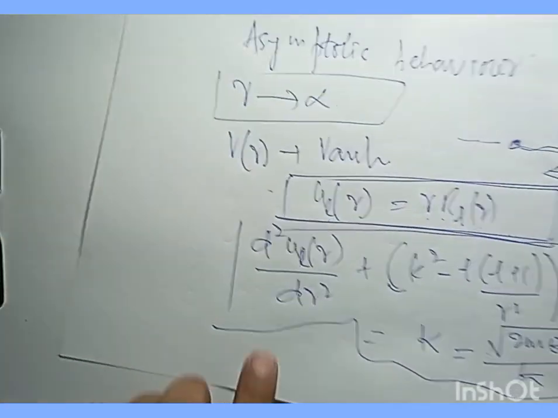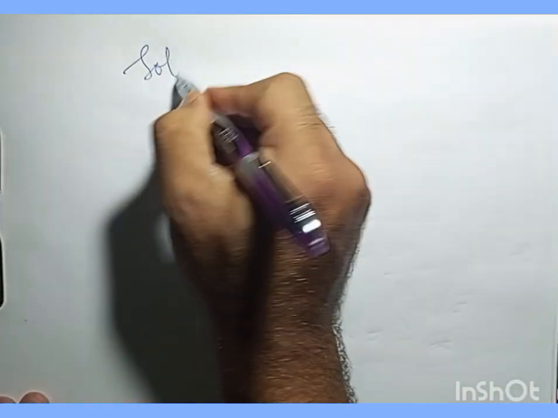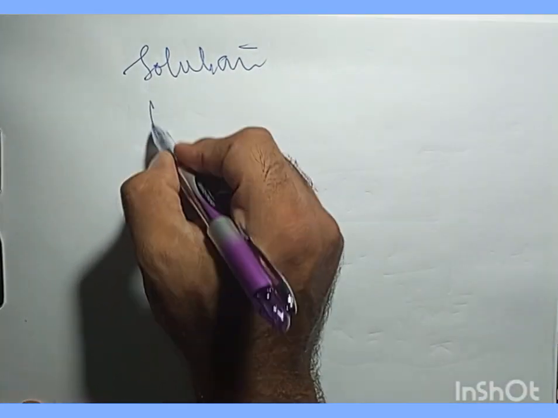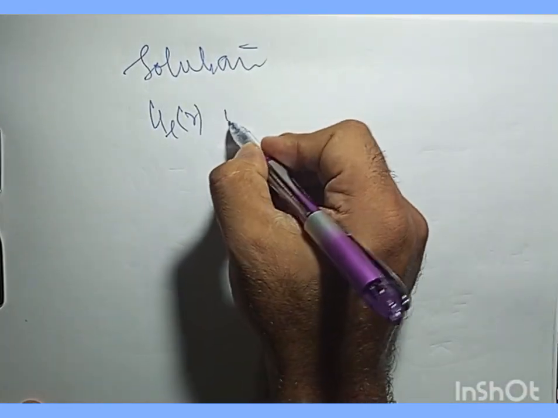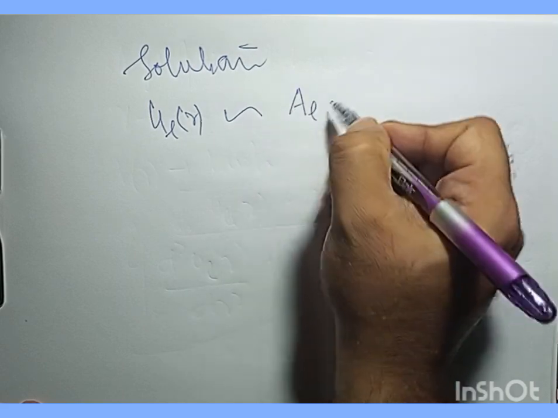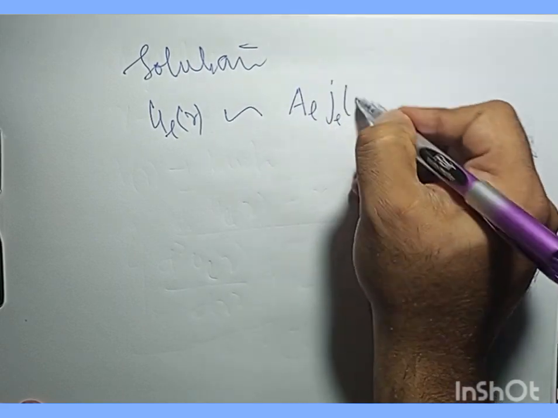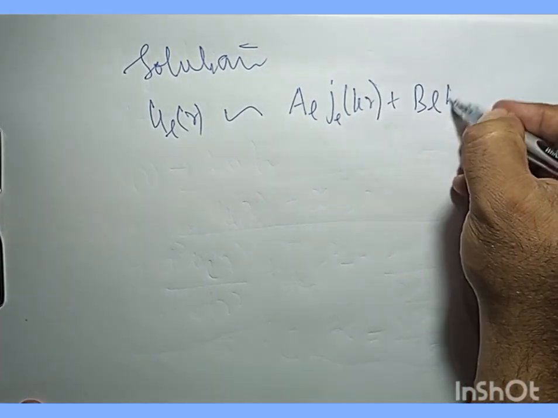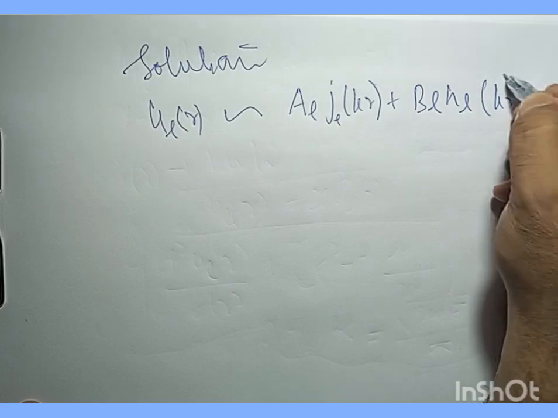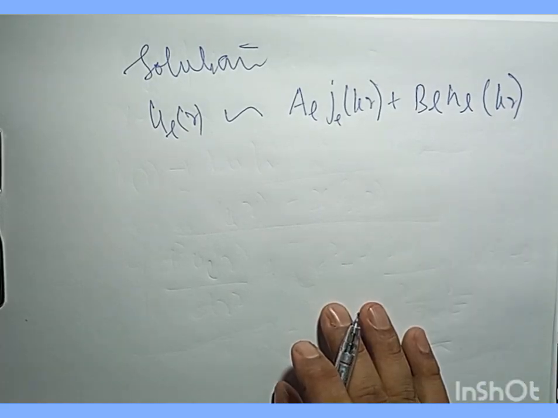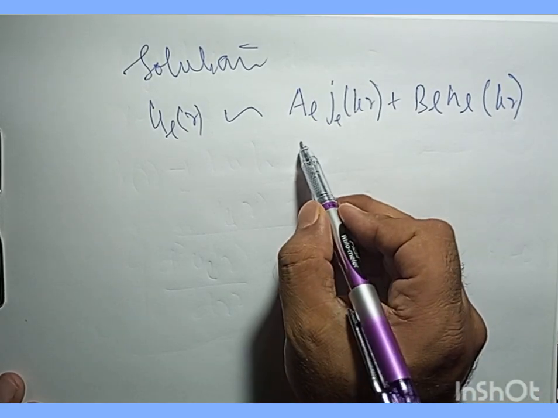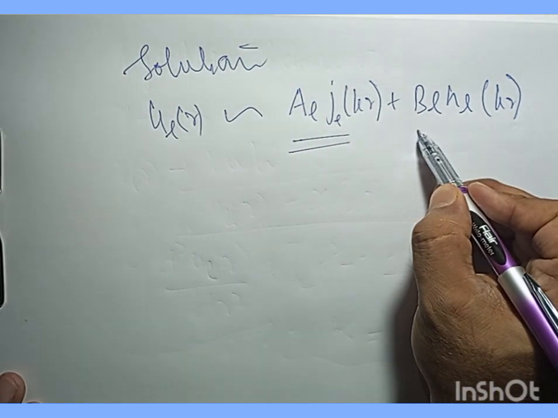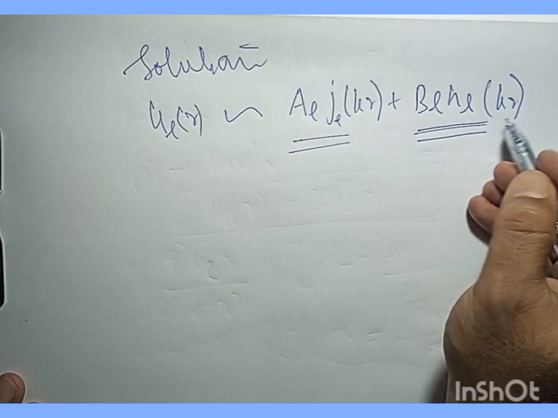So U_L of r is nearly A_L j_L of kr plus B_L n_L of kr, where this part is the solution from Bessel functions, and this is the solution that comes from Neumann functions.